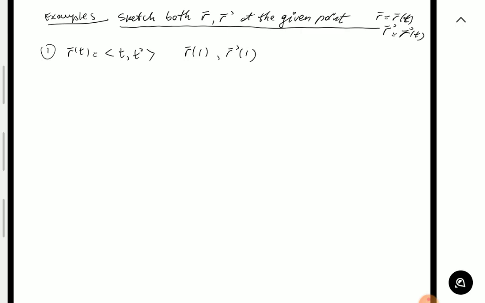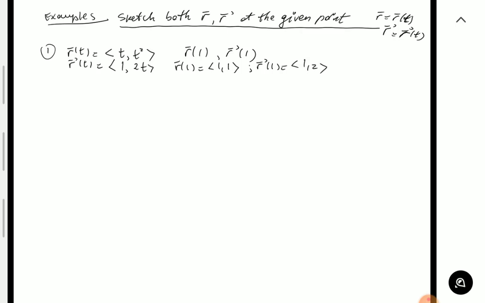Notice, just like in calculus 1, obviously you have to compute the derivative with respect to t first before you actually plug in any points, right? So r prime of t will be obviously 1 and 2t, and therefore r of 1 is going to be 1 and 1 if I plug in 1, and r prime of 1 is going to be 1, 2 times 1, so the vector 1, 2.